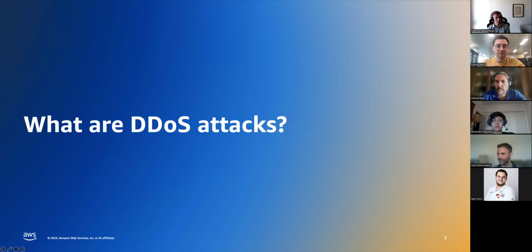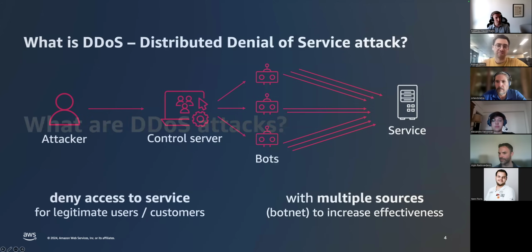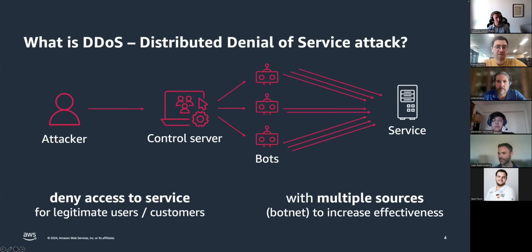So without further ado, we'll recap a bit about DDoS. Distributed denial of service attacks try to exhaust your infrastructure or application resources so it won't be available to your customers, to your users. And distributed means that there are multiple attack sources.